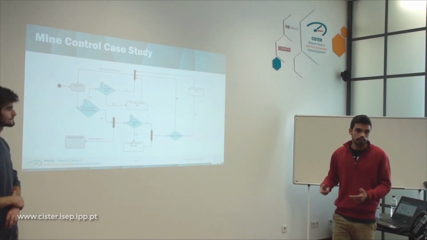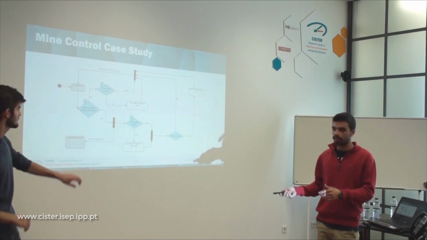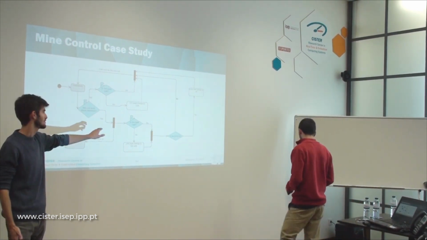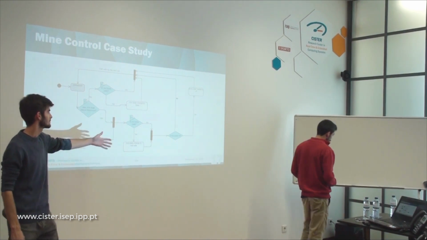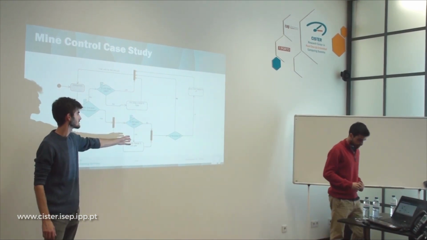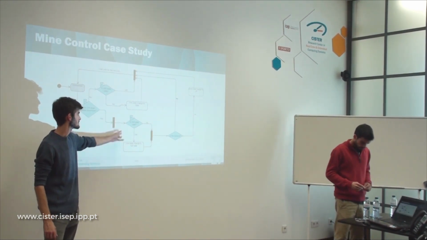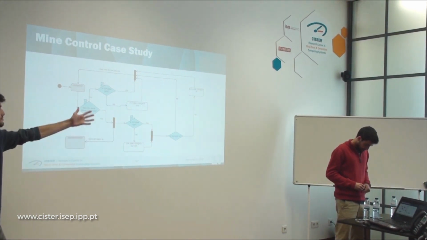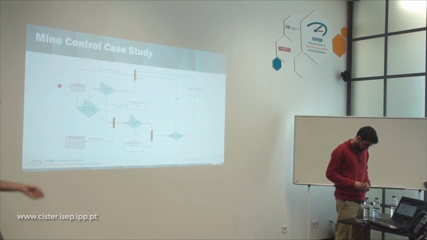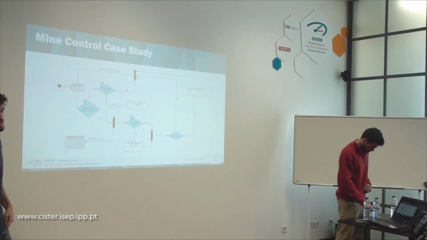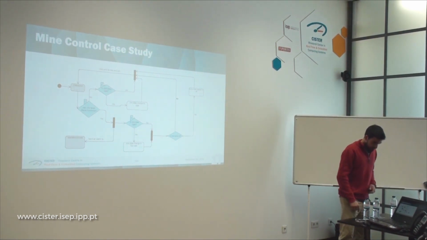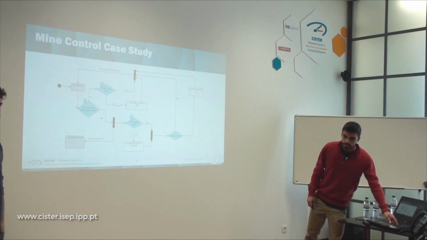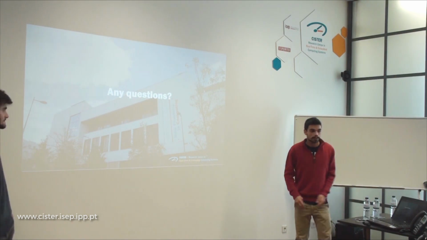If it isn't, we don't have to worry about it. The checks on the 2 and 3 methane states are only for performance reasons. If the state is already off, there's no need to turn it off again. It's just a check that is represented here and makes this diagram a little more complex than it actually is.